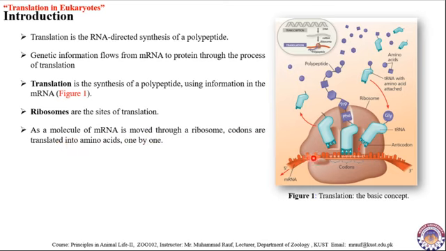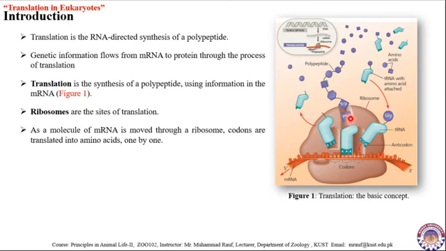So this is a messenger RNA, this is a ribosome, and there are 3 slots in that ribosome which we will discuss in the subsequent slides. This is the E site or the exit site where the transfer RNA exits.